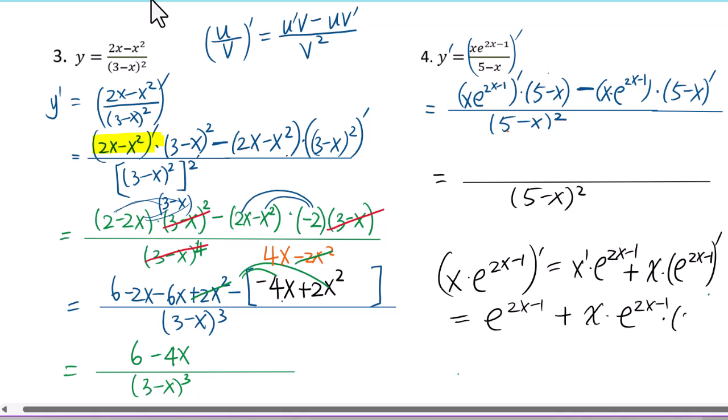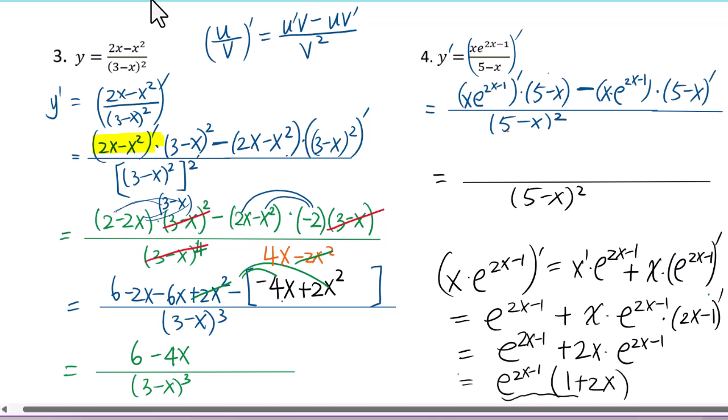Do not forget chain rule. 2x minus 1 prime equals e to the power of 2x minus 1 plus 2x minus 1 prime is 2, so 2x times e to the power of 2x minus 1. We will take e to the power of 2x minus 1 out.